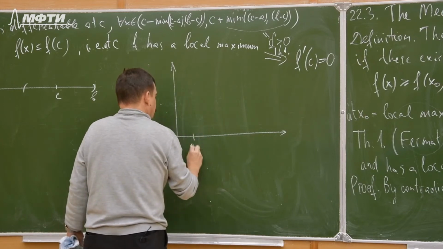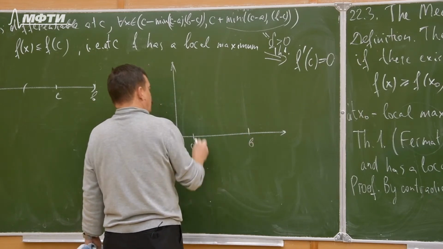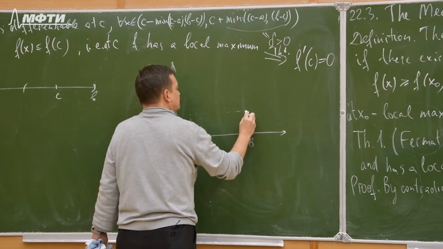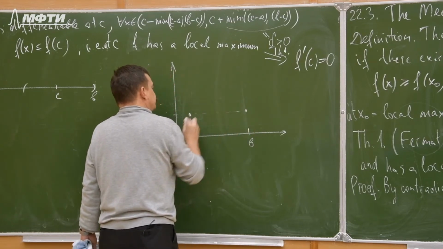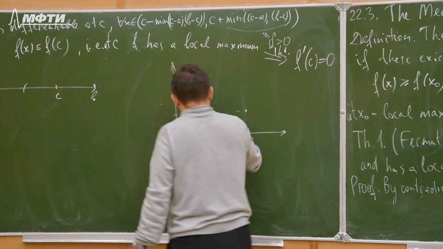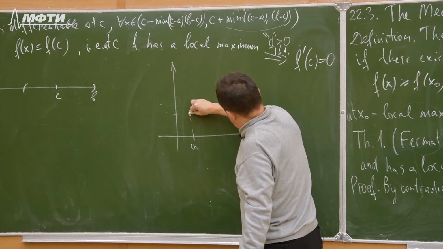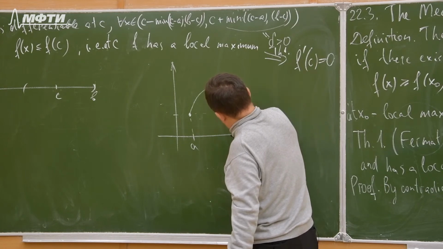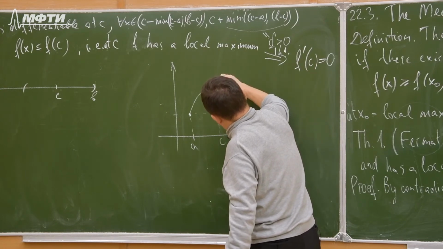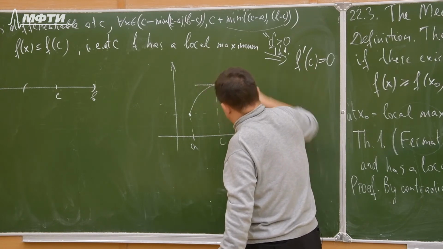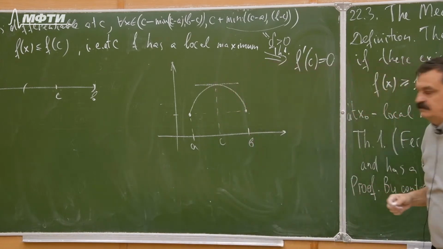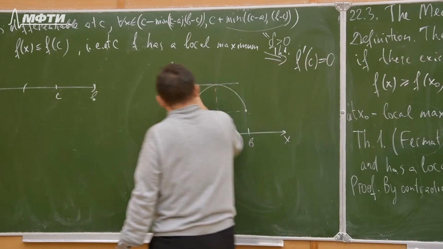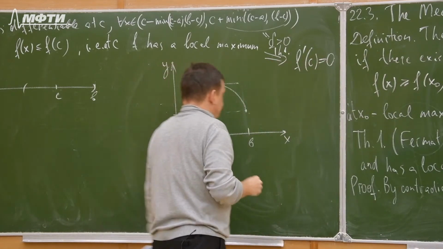We have a function, and if the values of the function are equal at the ends, then for sure there is a point somewhere where the tangent is horizontal, right? That is the sense of Rolle's theorem.